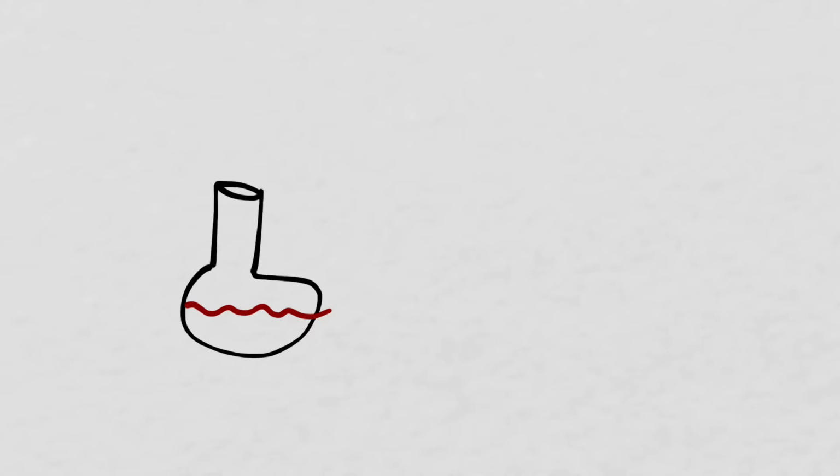Perfume is actually a highly volatile substance, and so it's a liquid in the bottle, right? But it's actually constantly evaporating into a gaseous phase. So there are lots of little gas molecules of perfume that are in the air.